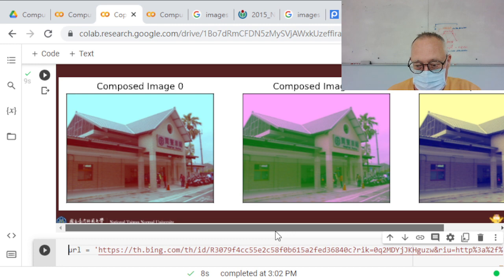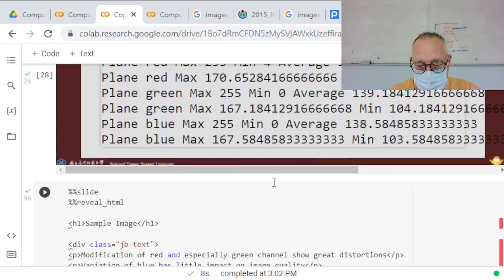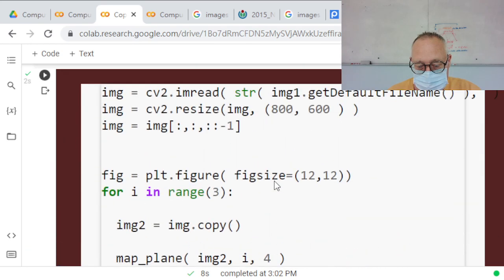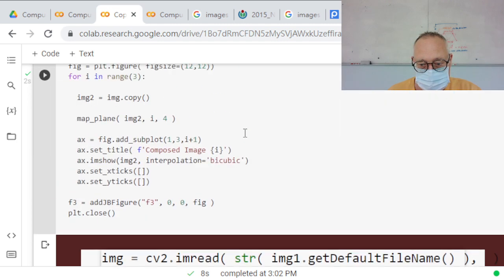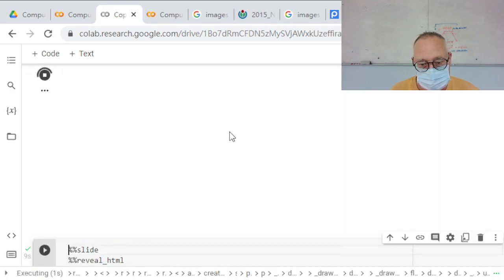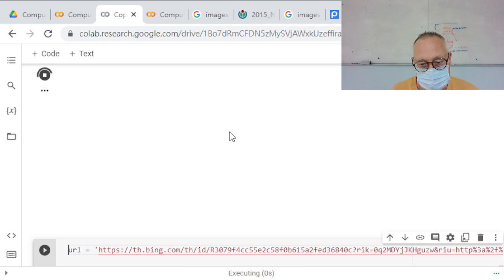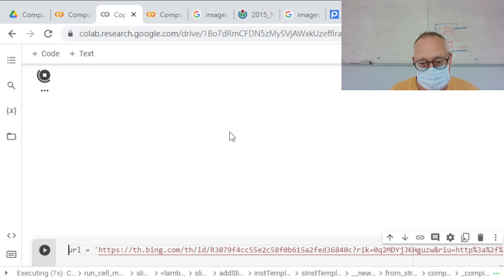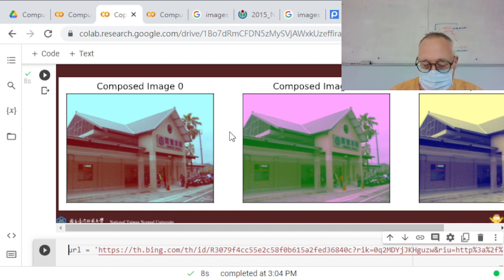Yeah, this image is a little bit bad because I think the slice didn't. No, it didn't.